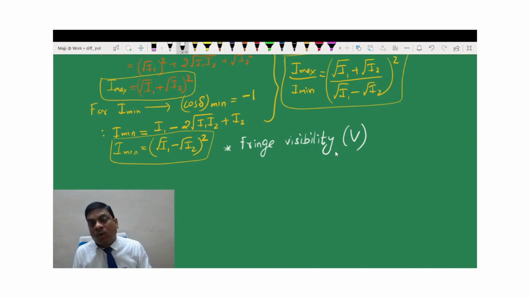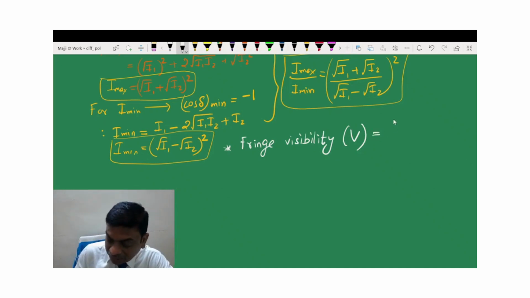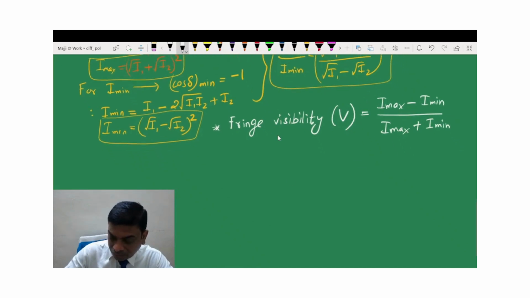It is a measure of the contrast between the dark and bright fringes. If there is proper contrast between dark and bright fringes, we say the fringe visibility is good. It is expressed as the difference in maximum and minimum intensities whole divided by the sum of maximum and minimum intensities.